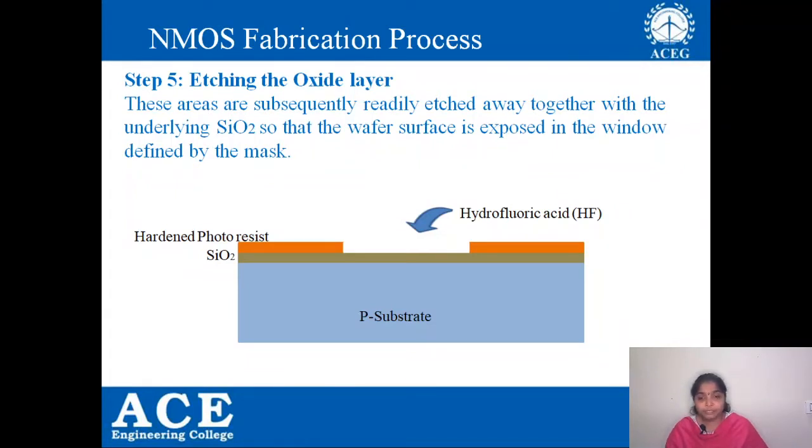We will pour this hydrofluoric acid over the total surface of the substrate. Where the silicon dioxide is covered with photoresist, the photoresist protects it from the hydrofluoric acid, and where the silicon dioxide is exposed to hydrofluoric acid, that part of the silicon dioxide layer will be removed.